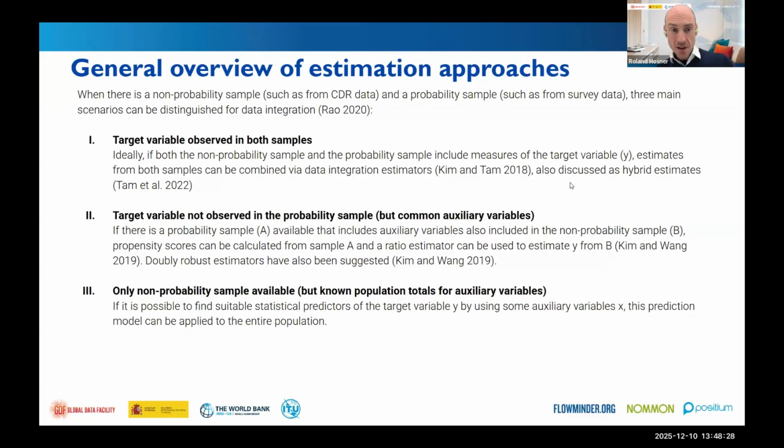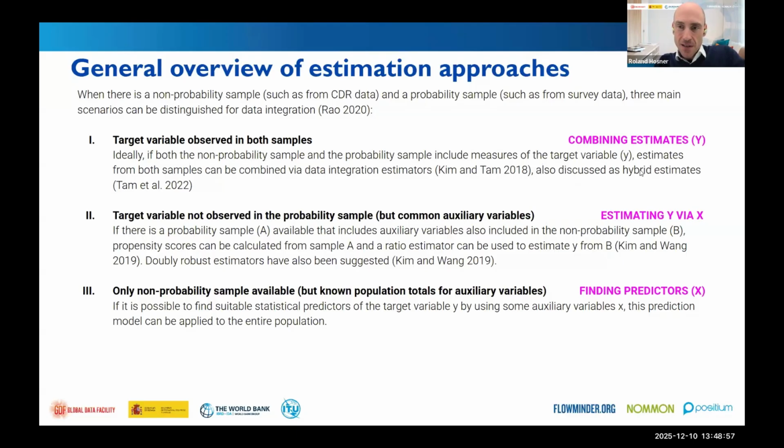And there's a third scenario where you might have only the non-probability sample available, but you have known population totals for your auxiliary variables X. And if you can use these auxiliary variables as predictors, then this will also work.